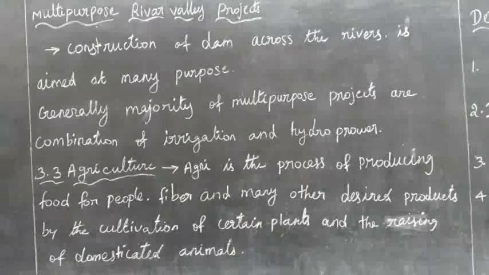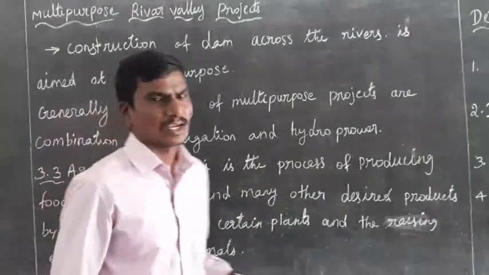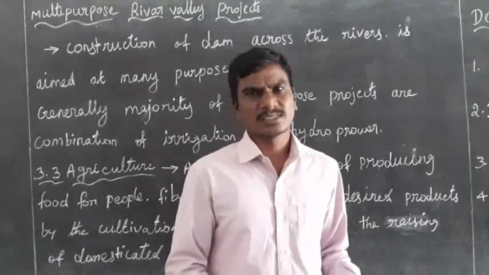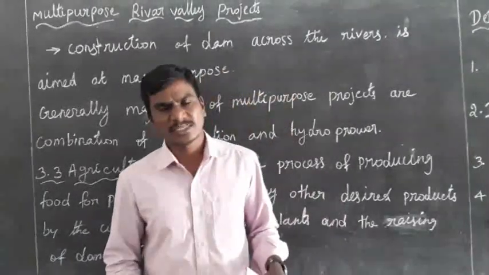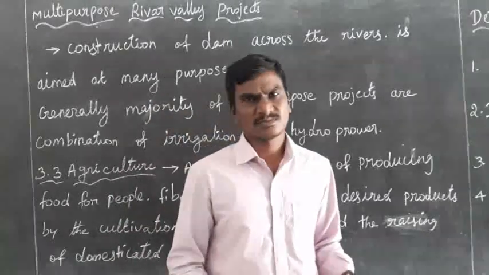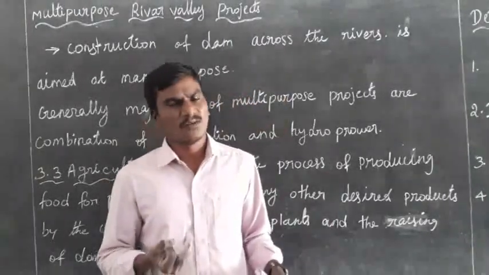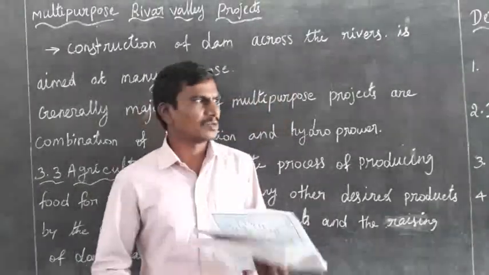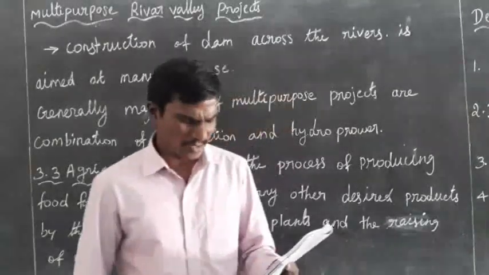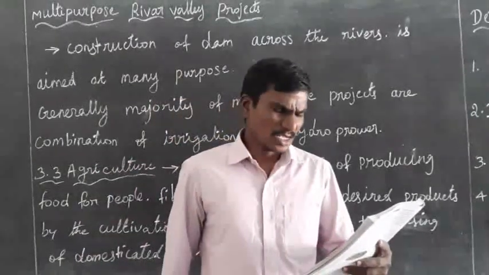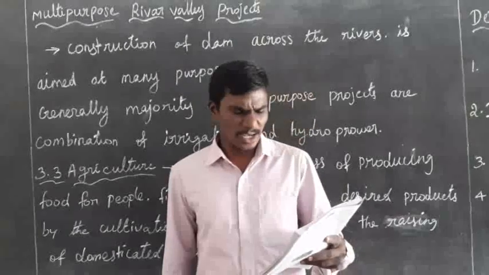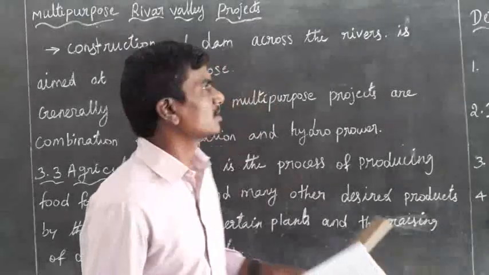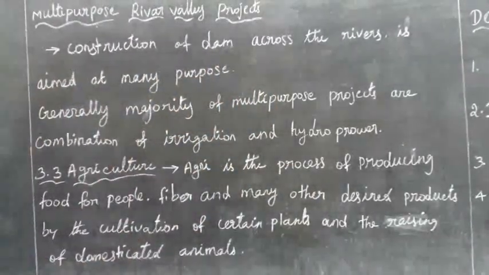It is aimed at many purposes: irrigation facilities, transport facilities, water facilities, and other purposes. Since the construction of dams across the rivers is aimed at many purposes, it is termed multi-purpose. So, multi-purpose river valley project.